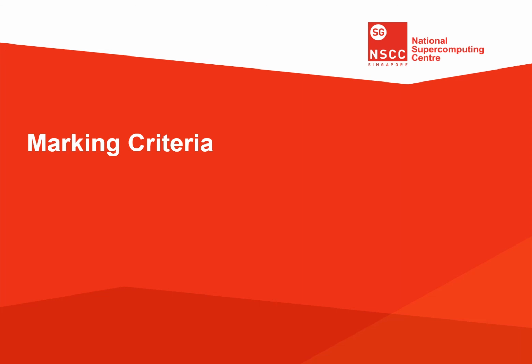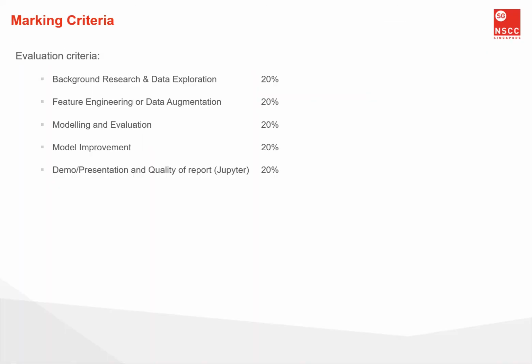So what is the marking criteria that will be used? Number one, in any data science or AI experiment, it's very important to understand the context and the data. So definitely there will be some marks given to your background research and also your exploratory data analysis.